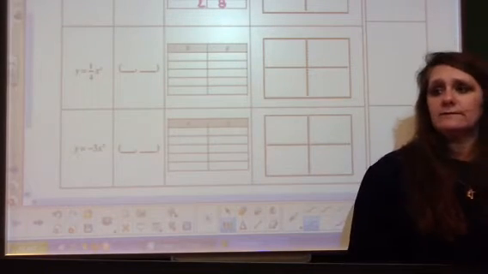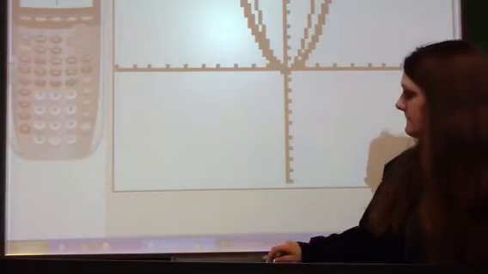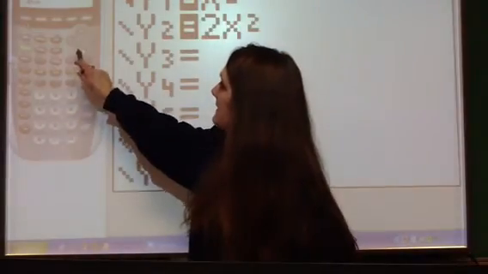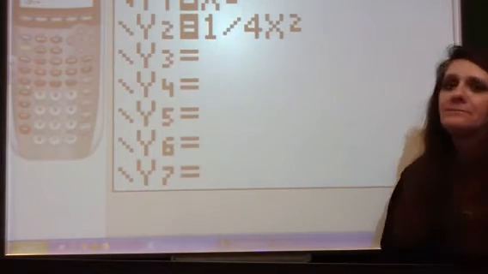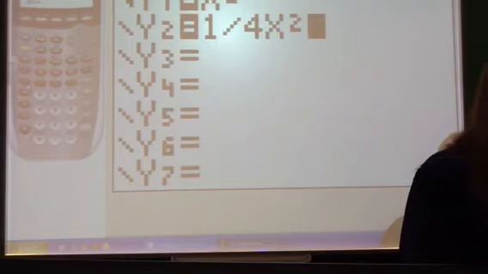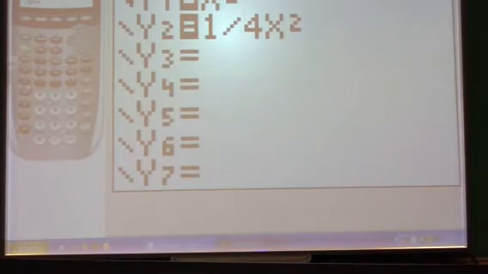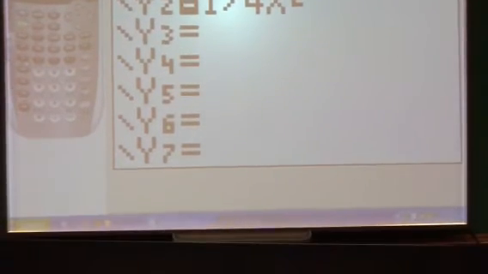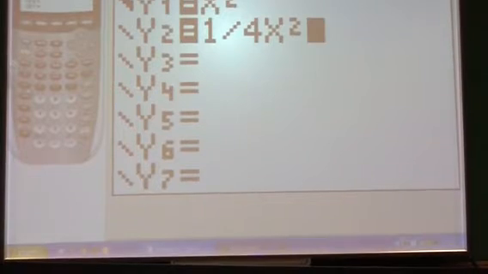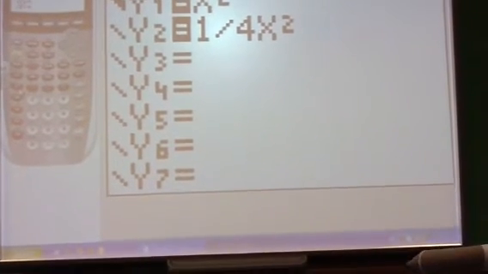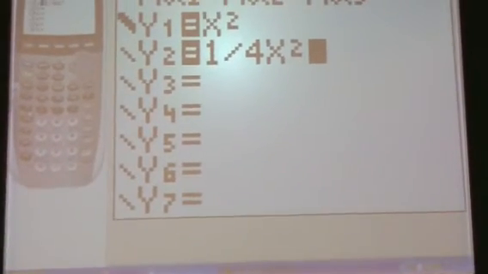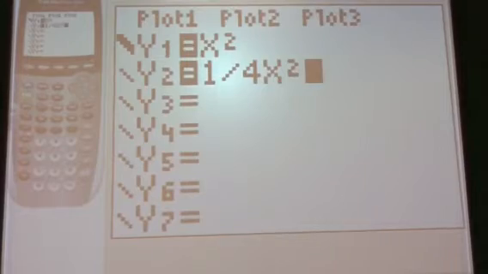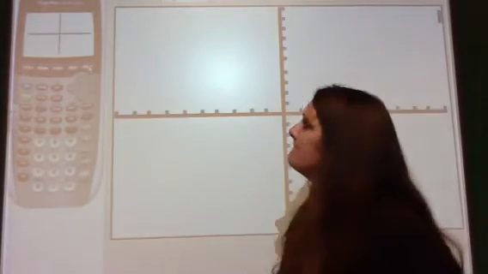Okay, try 1/4 x squared. Do the same thing. This time we want 1/4. So what happens when we graph this one?